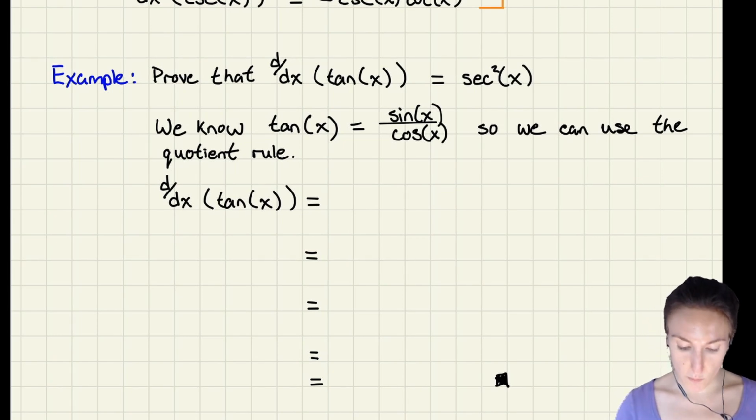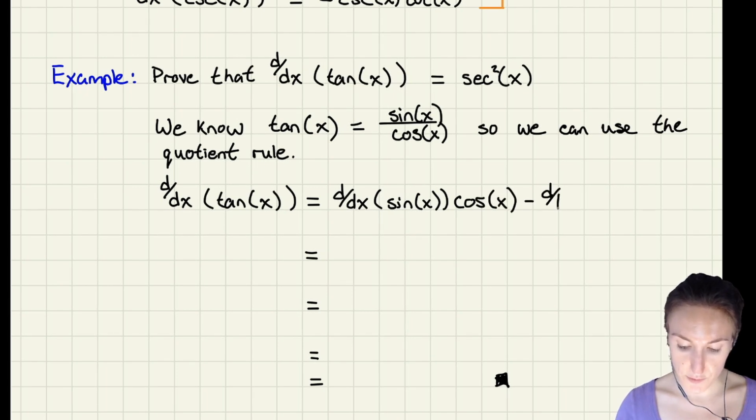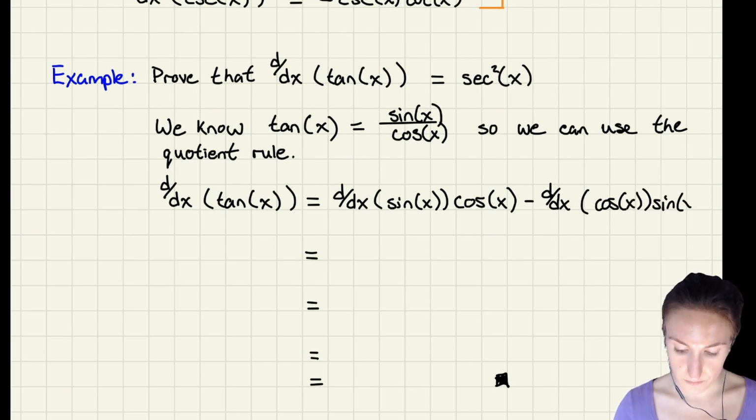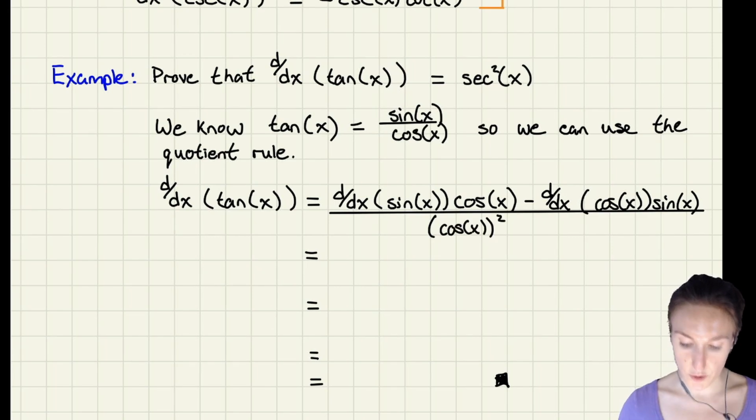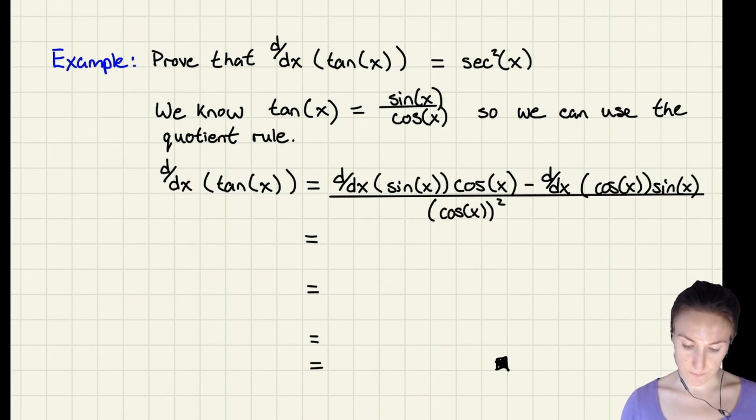So for quotient rule, remember, we go the derivative of the top, so d dx of sine x, times the bottom, minus the derivative of the bottom, so d dx of cos, times the top. And then all of this, we divide by the bottom squared. So cos x all squared, or cos squared x, whatever you prefer.